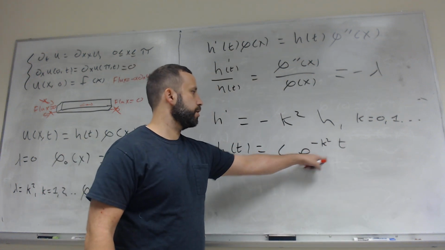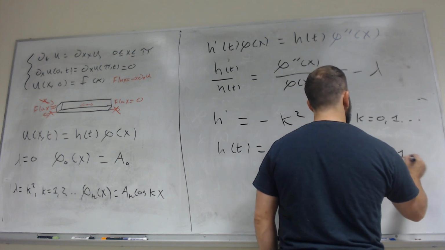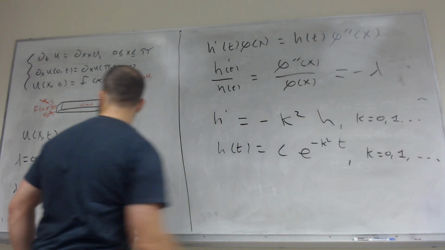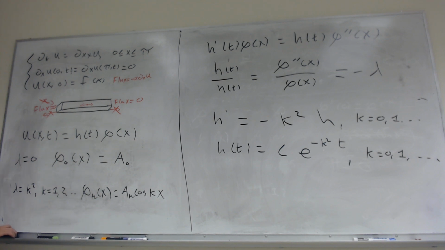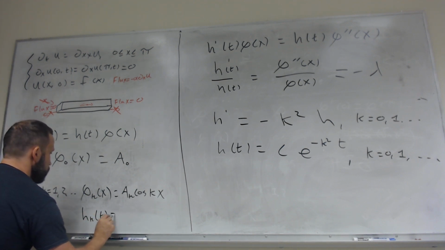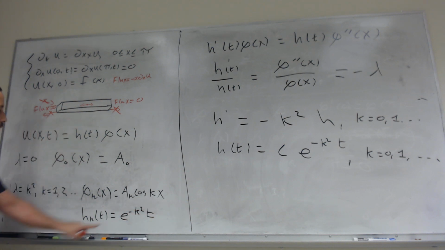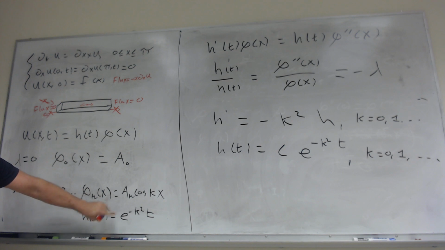Notice if k is equal to 0, I get a constant, so this formula works for k equals 0, 1, and so on and so forth. So then down here, I get h k of t is equal to e to the minus k squared t. I'm not putting a constant here because when I multiply these two, the a k will take the constant.